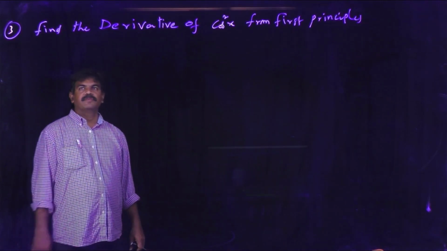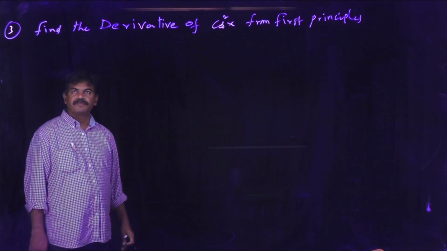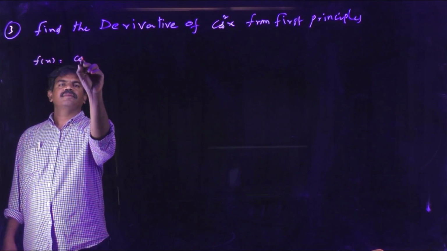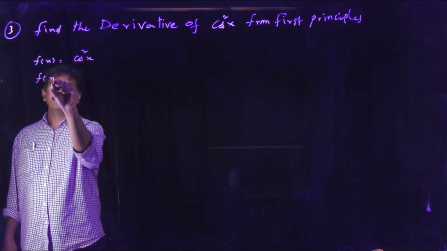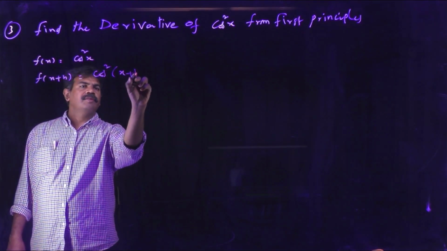Next problem, find the derivative of cos square x from first principles. Given that f of x is equal to cos square x, we write f of x plus h, that is equal to cos square of x plus h.